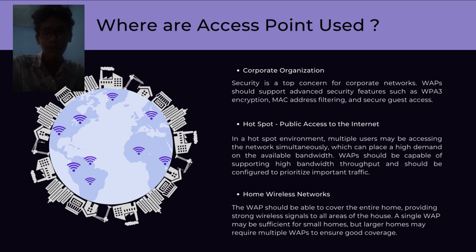WAPs should be capable of supporting high bandwidth throughput and should be configured to prioritize important traffic. We also have the home wireless network. The WAP should be able to cover the entire home, providing strong wireless signals to all areas of the house. A single WAP may be sufficient for small homes, but larger homes may require multiple WAPs to ensure good coverage.